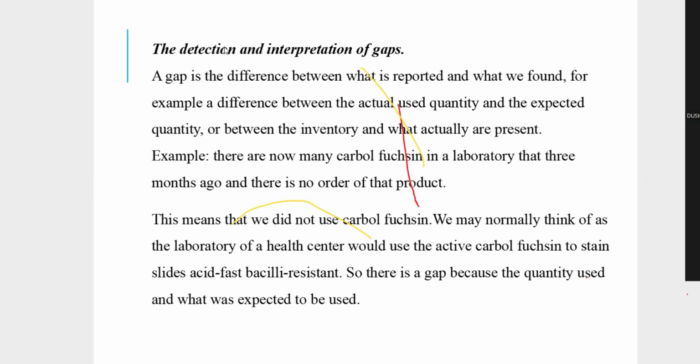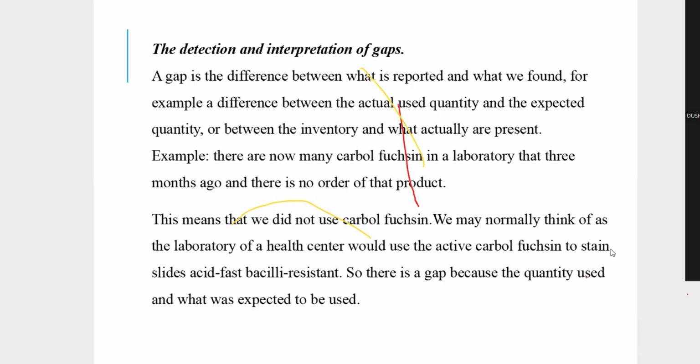You have to detect and interpret the gaps in the management of these items. In laboratory services, we will find that the reagents used to make some laboratory exams are needed on a regular basis, and they must be supplied and monitored as far as possible according to the patient volume.